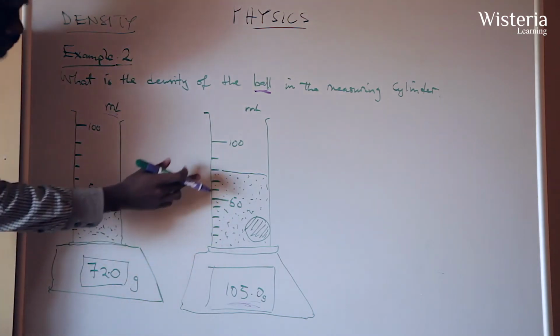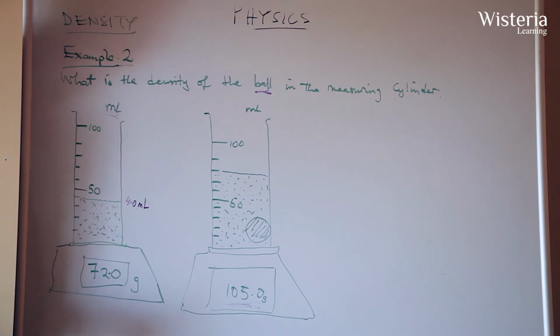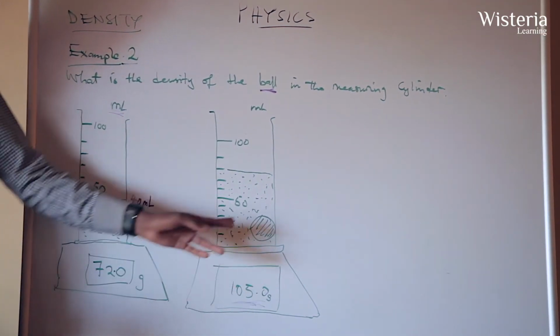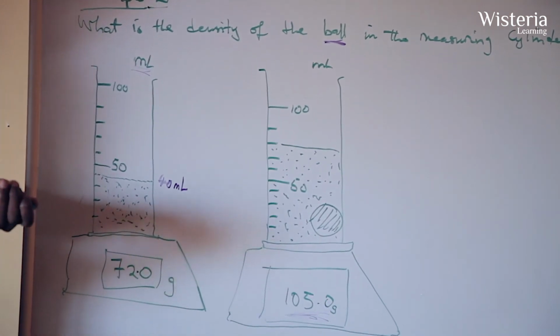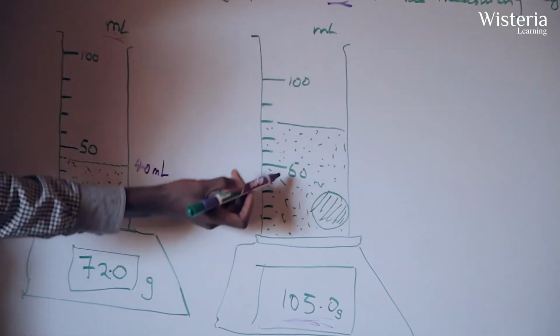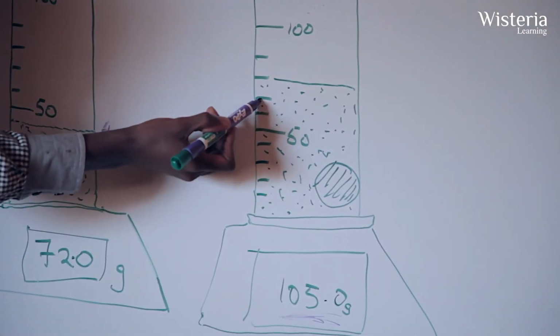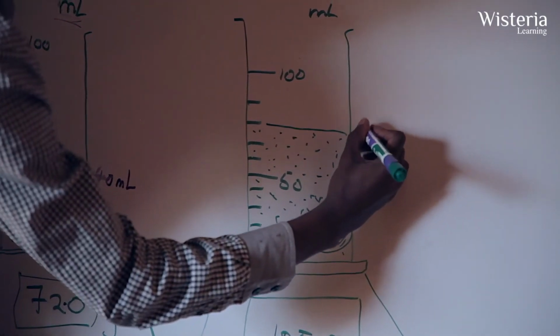We can also note that the volume inside the measuring cylinder changed. Why? Because there was a ball that was placed in, the volume increased. So we can also now determine the volume here. If this is 50, this is 60, 70, then we have 80. So the volume here is 80 milliliters.